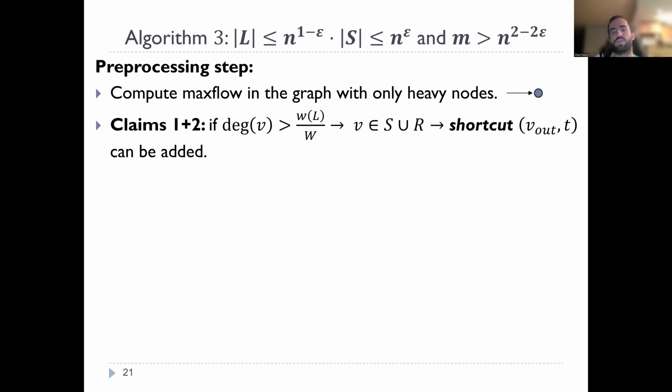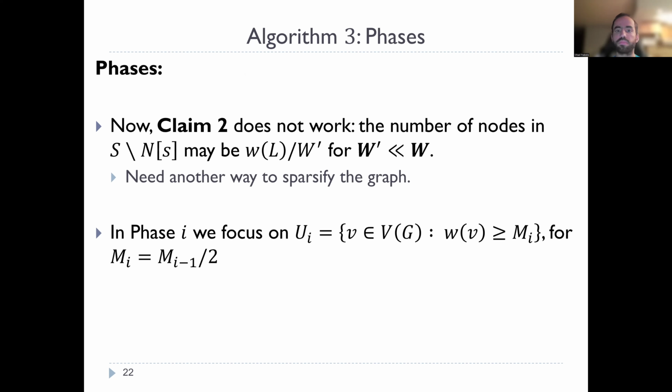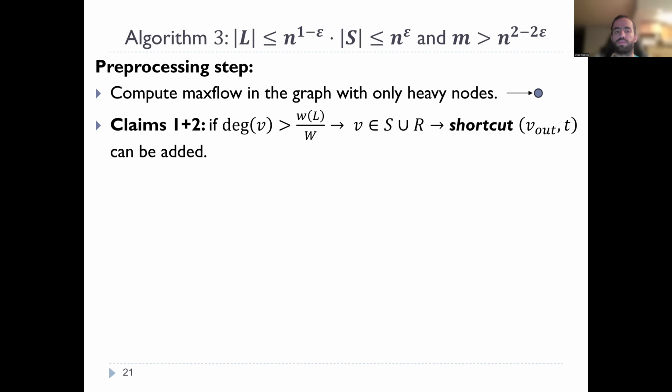So since we know that V must belong to S or to R, it is possible to add an edge from its out copy directly to T without changing the value of the global minimum cut. Okay?